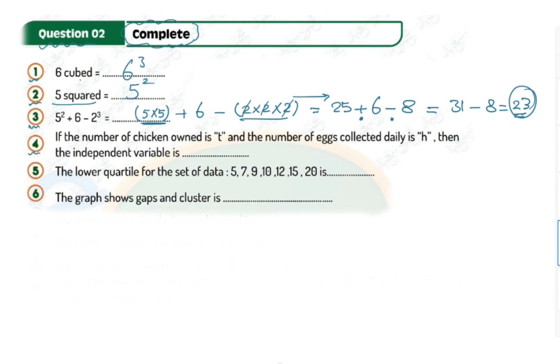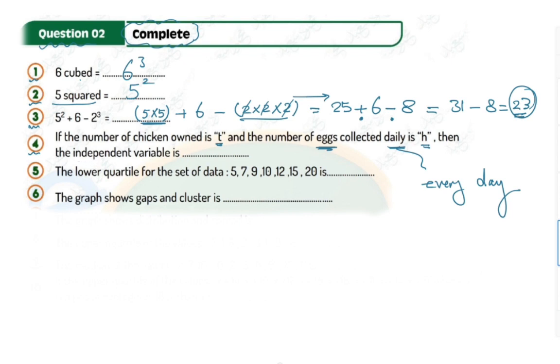Point number 4. If the number of chickens owned is T, you have T chickens. I can't draw chickens here, but the number of them is T. And the number of eggs collected daily, daily meaning every day, is H. You have T chickens, giving you H eggs.